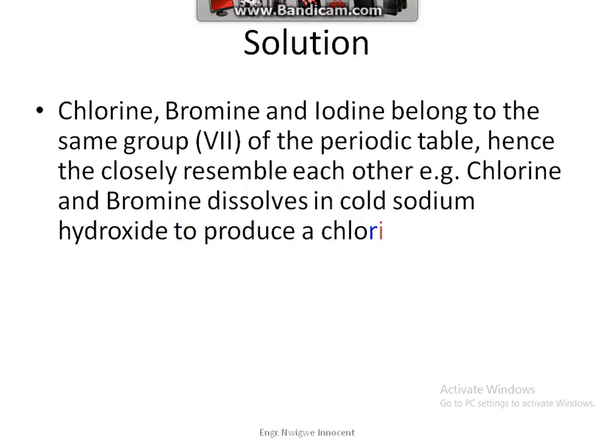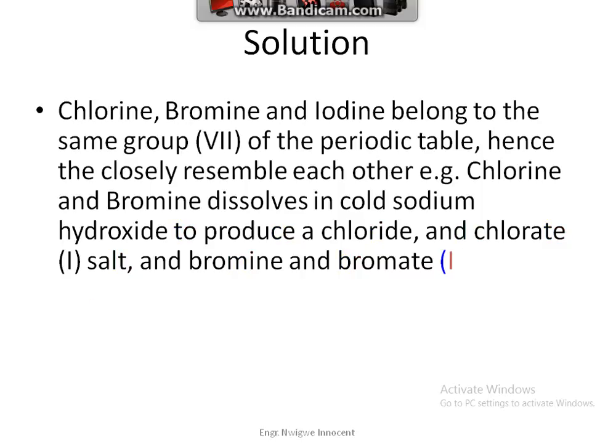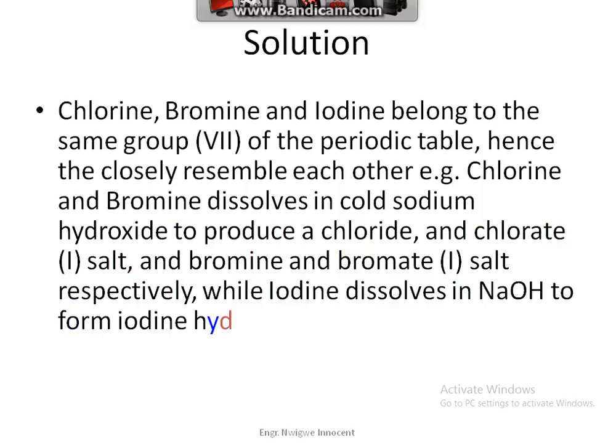Hence, they closely resemble each other. For example, chlorine and bromine dissolve in cold sodium hydroxide to produce a chloride and chlorate 1 salt, and bromide and bromate 1 salt respectively, while iodine dissolves in sodium hydroxide to form iodine hydroxide. Answer is A.